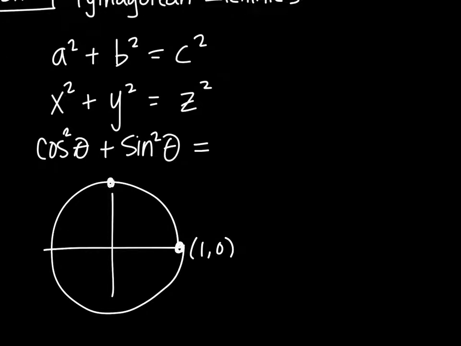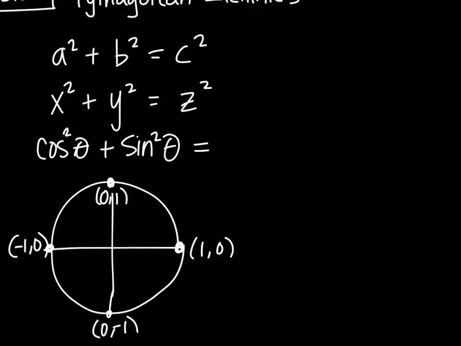How about this one up here? That is 0, 1, and it's still 1. Over here, negative 1, 0, also 1. All of the positions around the unit circle work out to be 1.